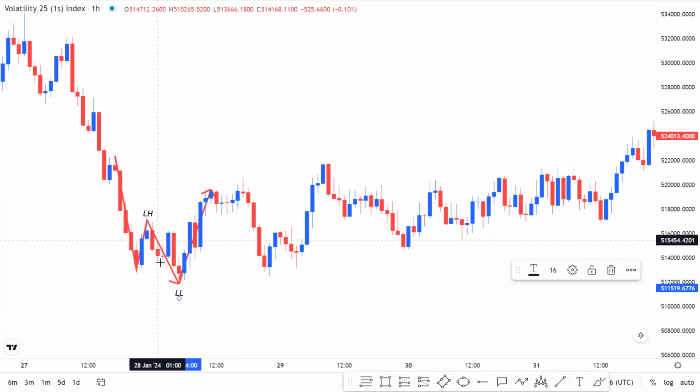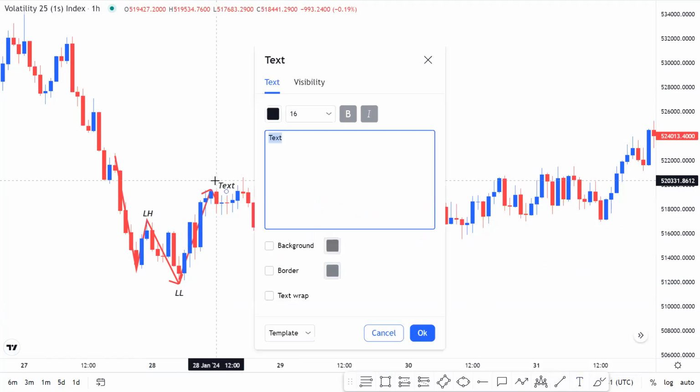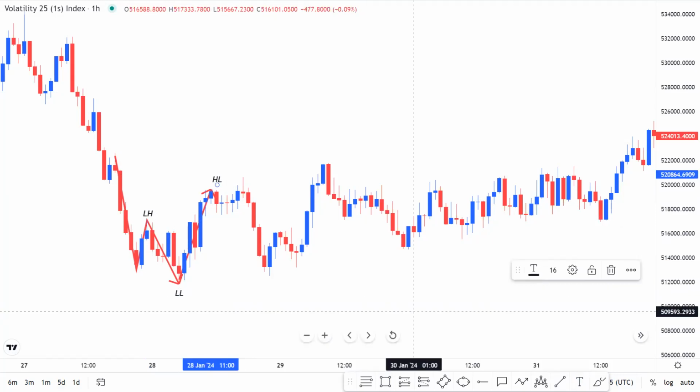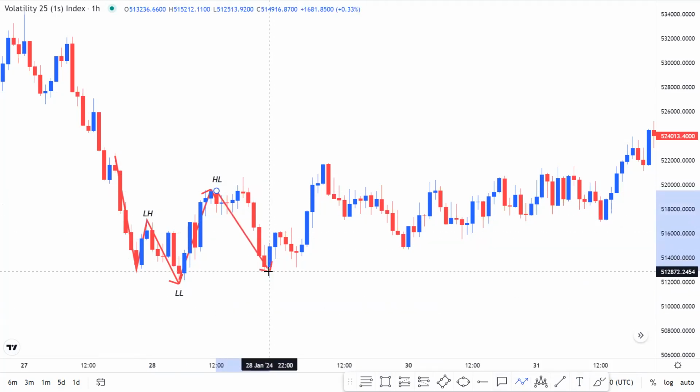So clearly this tells us that previously we were in a downtrend, and because a reversal tends to change the market direction completely, when the reversal comes into the market, that tells us we'll most likely see the market now continue in an uptrend.